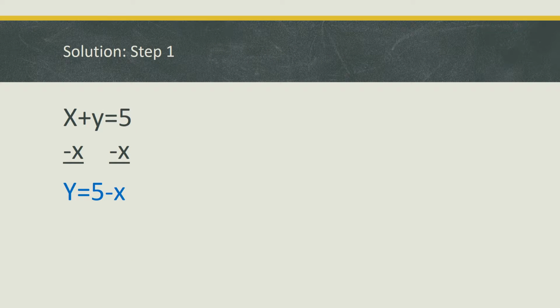To solve x plus y equals 5 for y, we must subtract x from both sides. This cancels out our x's and leaves us with y equals 5 minus x.